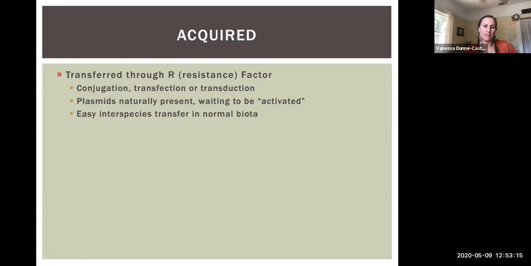So these drug resistance factors, these particular plasmids, that's what they are, right?